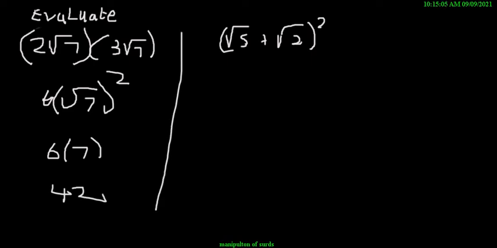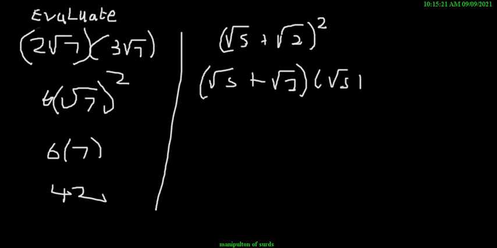And for this one, you can see we have a square here. So we're going to expand, like we would usually do in a normal question. Root of 5 times root of 5 is going to be 5, because the roots cancel.